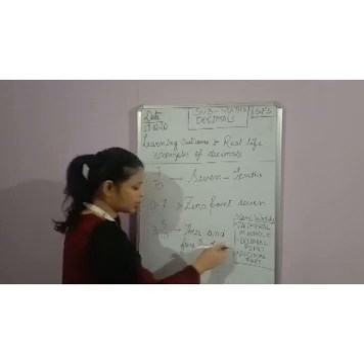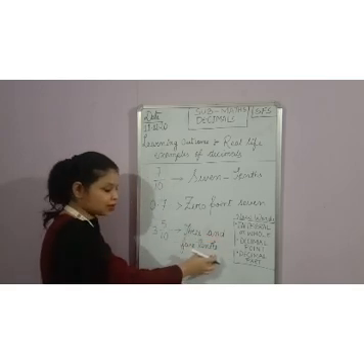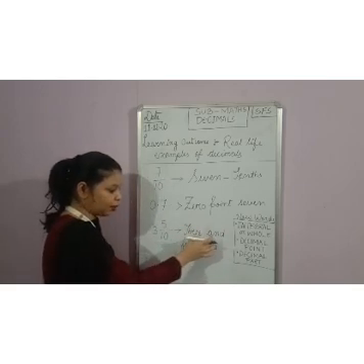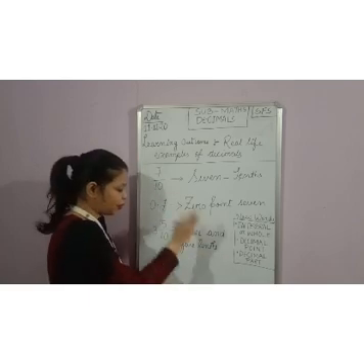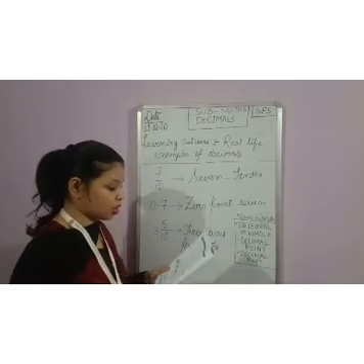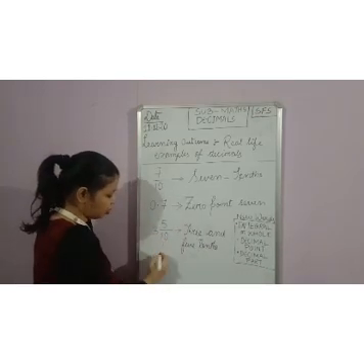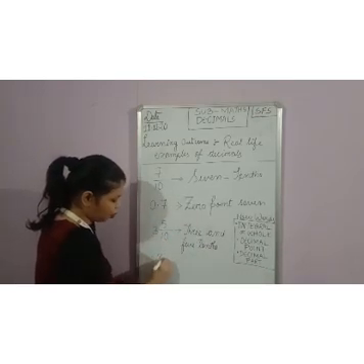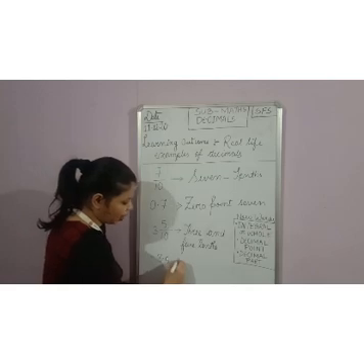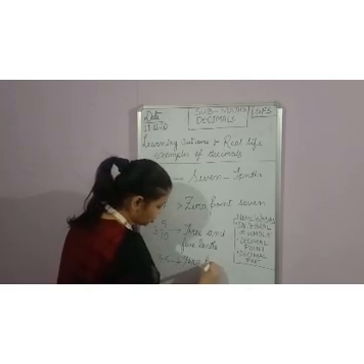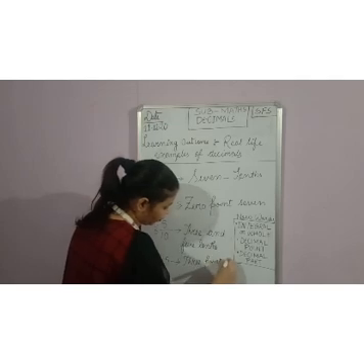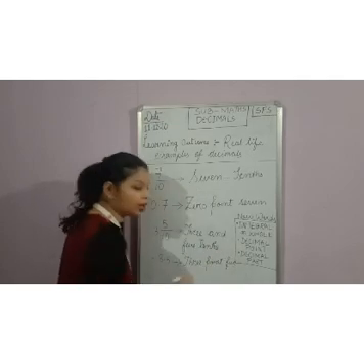If you write in this form, 3 and 5 tenths, we will understand that 3 is a whole number and 5 tenths is a proper fraction. Now this 3 and 5 by 10 you can convert into decimal, it will become 3.5. Then how will you write in decimal? You write in decimal as 3.5.